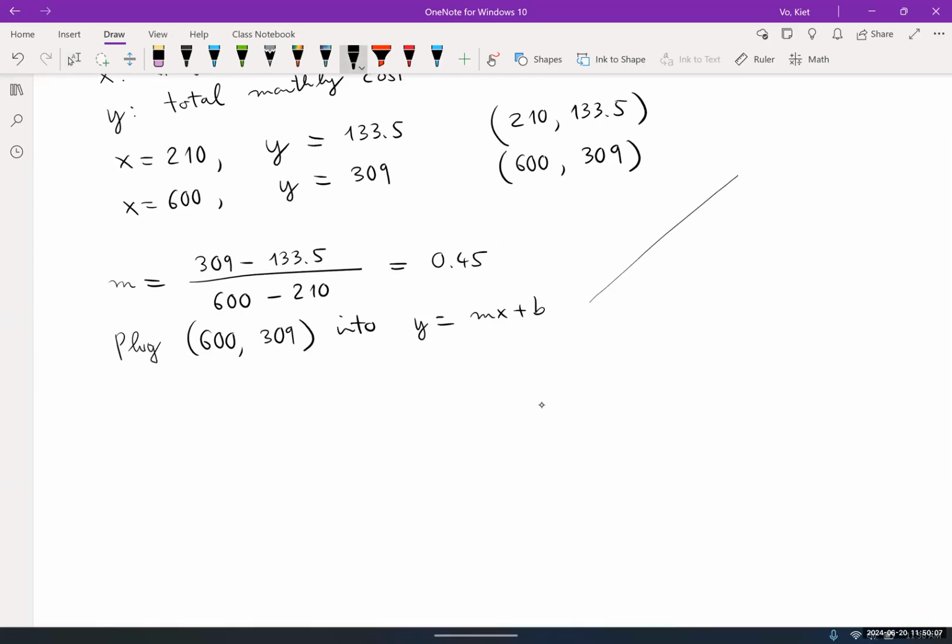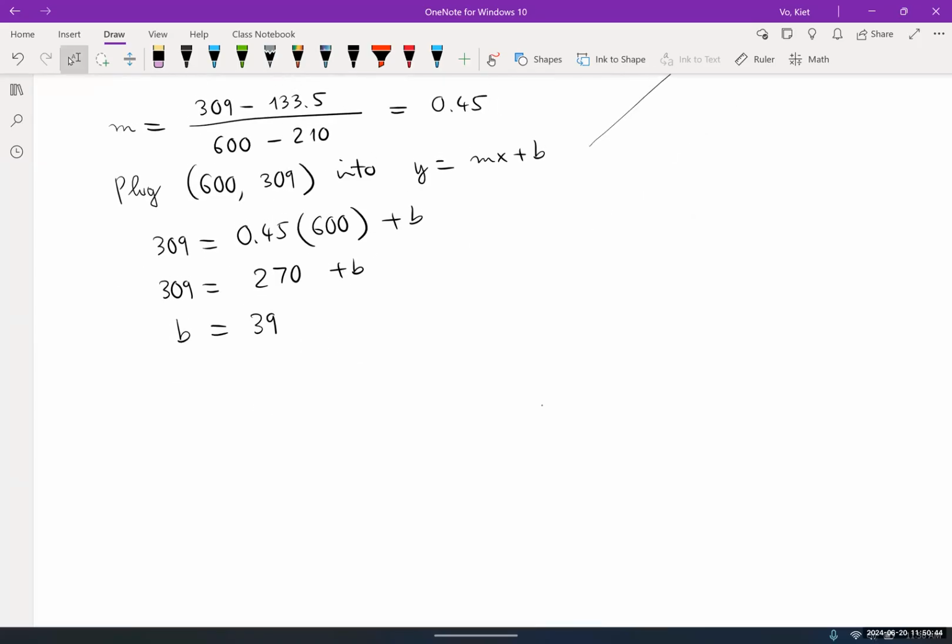So I have 309 is equal to 0.45 times 600, plus b. Now I have to find b. 0.45 times 600, which is 45% of 600, gives me 270. So 309 is equal to 270 plus b. Subtract 270 from both sides: b is equal to 309 minus 270, and that gives me 39.